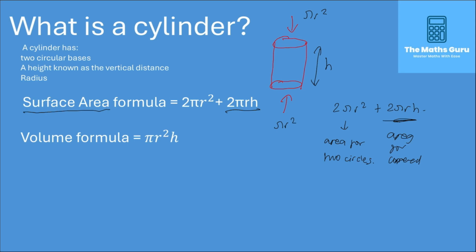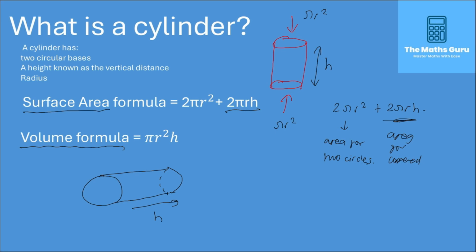If you watch my video on volume of a prism, we discussed that to find the volume of a prism, we find the area of the cross section and multiply by the length or the height. This is essentially a circular prism. The cross-sectional area is just a 2D image which determines the shape of the 3D object.